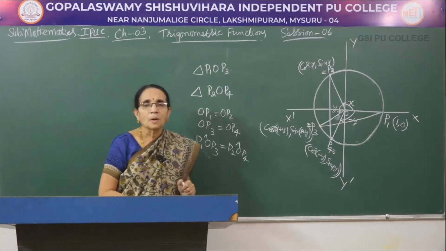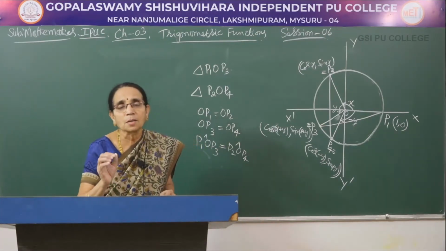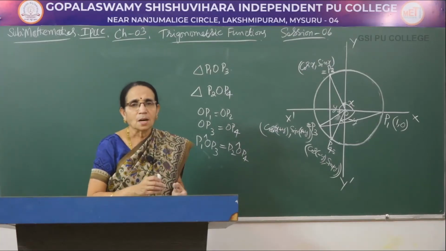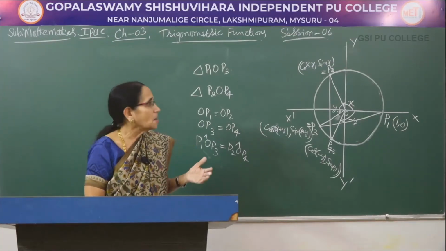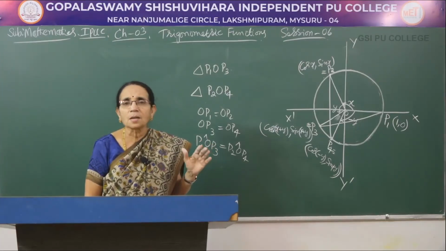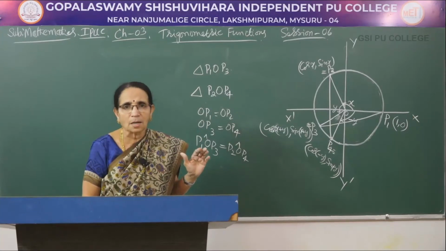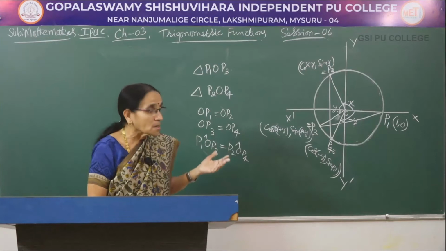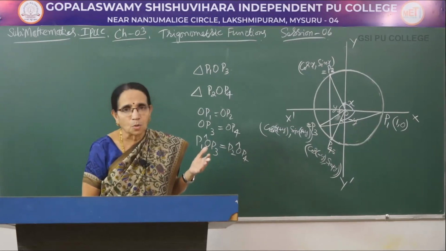You may remember, we have learned something about congruent triangles in your high school classes. According to the statement of one theorem, if two sides and the included angle of any two triangles are equal, then the triangles are said to be congruent.